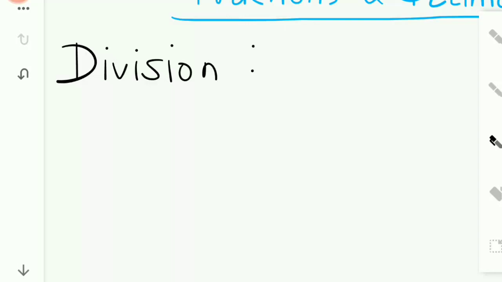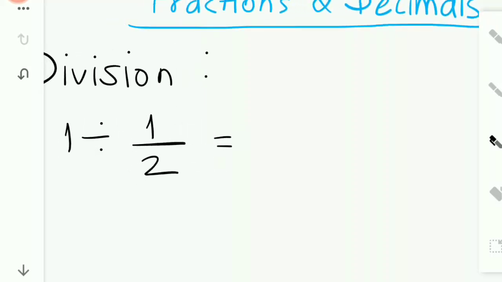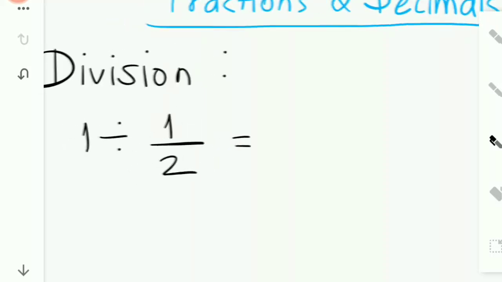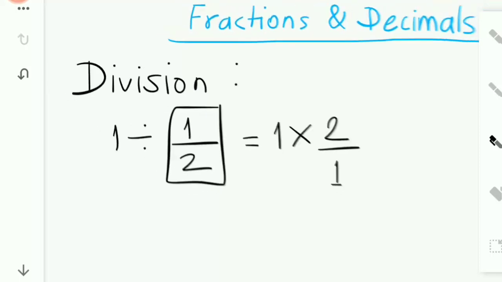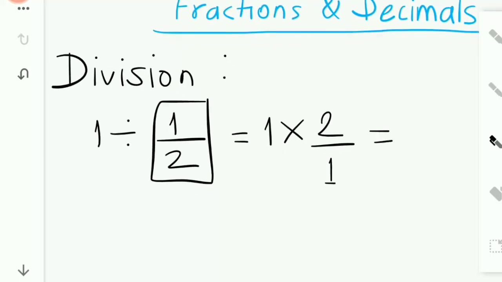So for example, I have 1 divided by half. So division is basically inverse operation of multiplication. That means if I have divided 1 by half, then it's exactly equal to multiplying by reciprocal of this number. Which number? The one by which it is divided. So that is 2/1. So 1 divided by half is equal to 2.